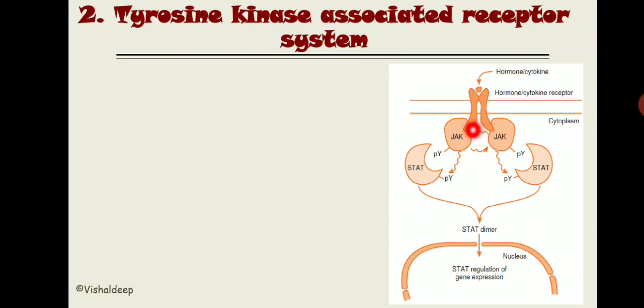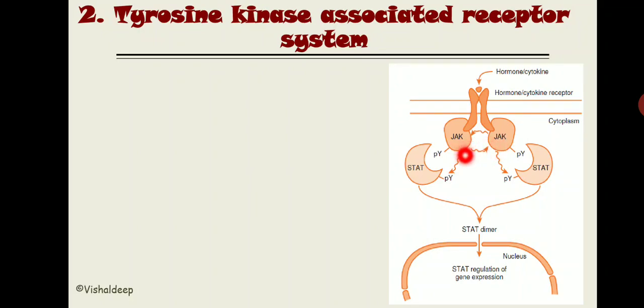Instead, this intracellular domain will activate another system known as JAK. JAK means Janus kinase. So the intracellular domain will activate the enzyme known as JAK kinase or Janus kinase.